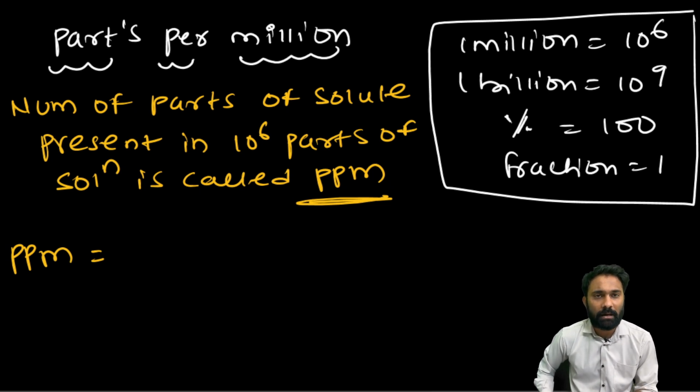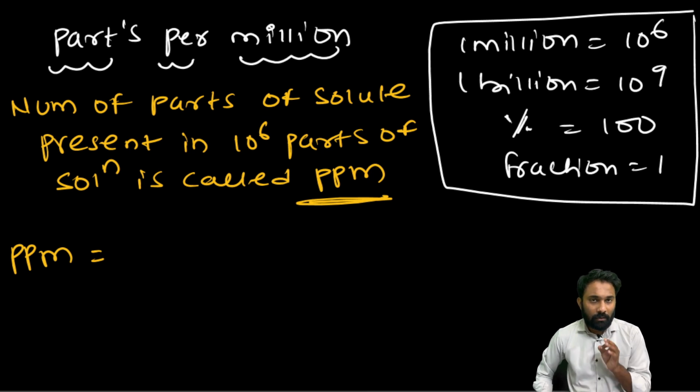So where do we use parts per million in our daily life? 1 ppm of the fluoride or fluorine will be good for our health.